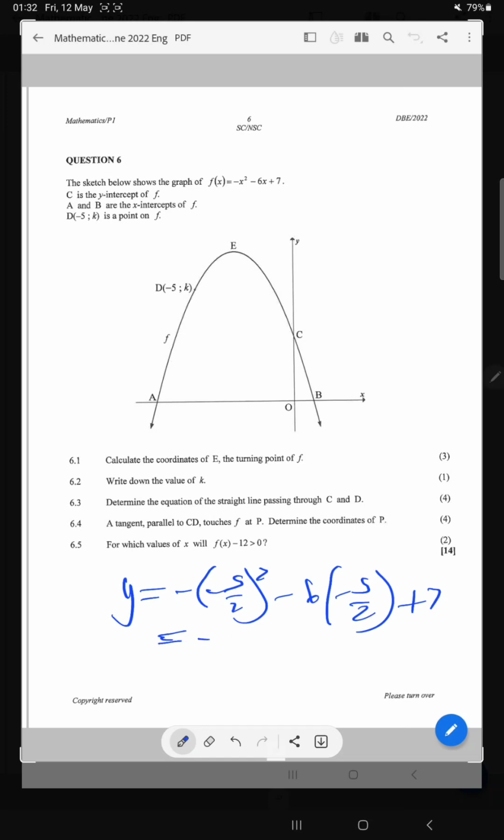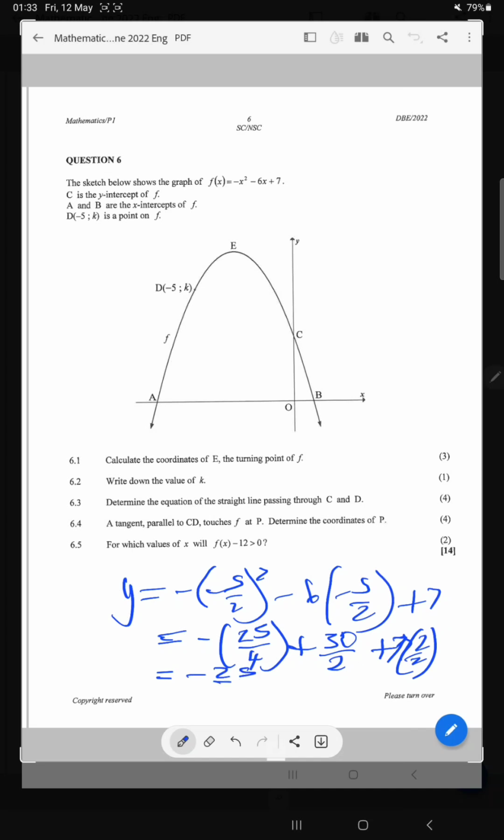Put that minus down and it gives us 25 over 4, positive 30 over 2, plus 7.